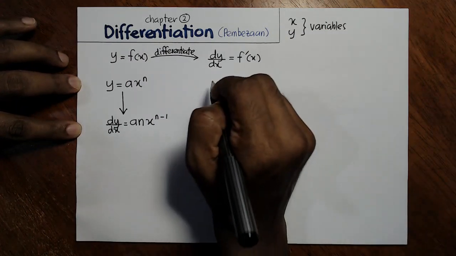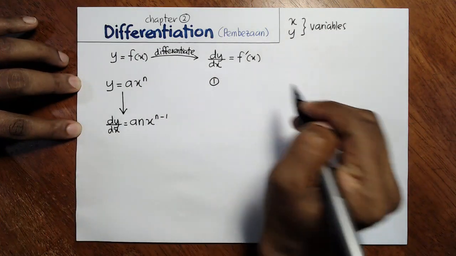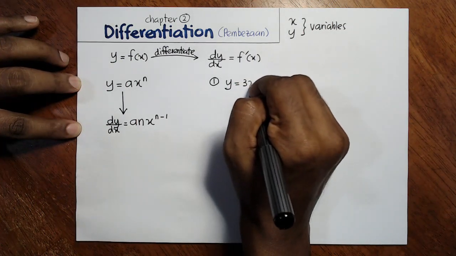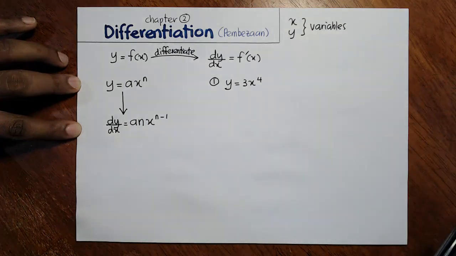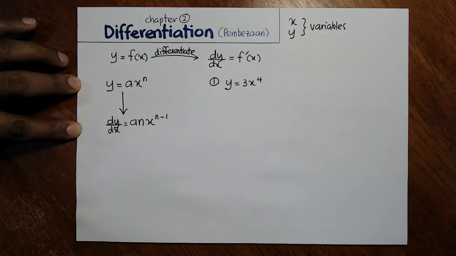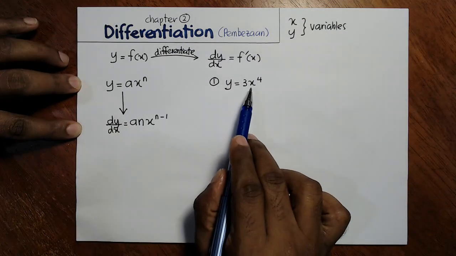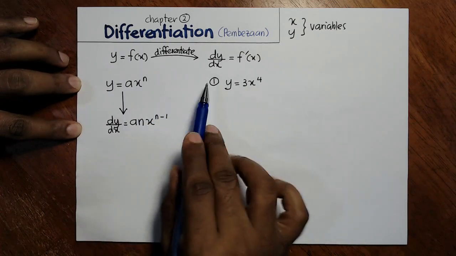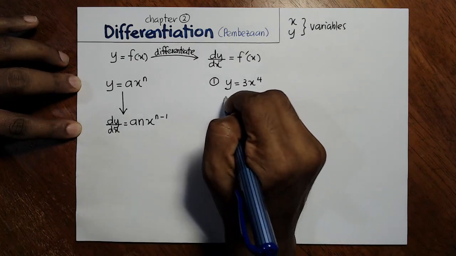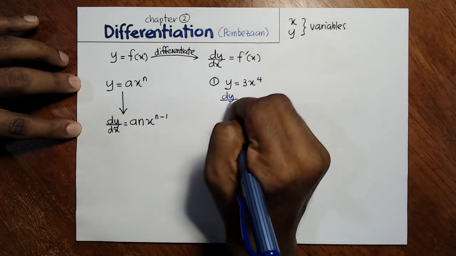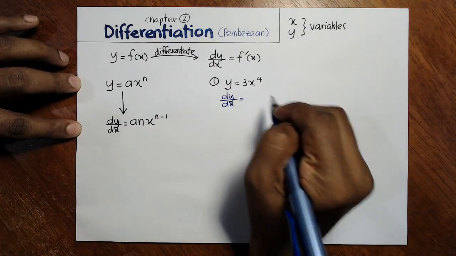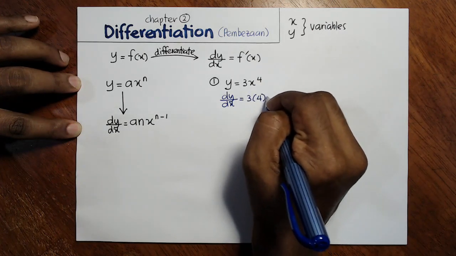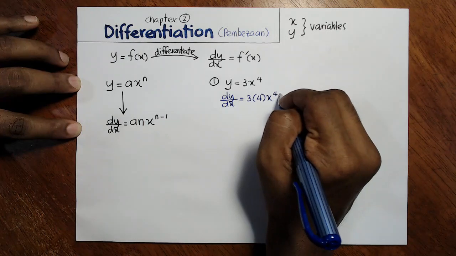For example, number 1, let's say y equals 3x to the power of 4. When you differentiate that, what happens? This is in a form where you can differentiate it already. This is like the easiest question. So dy dx will become 3, the 4 you bring in front, so 3 times 4, x to the power of 4 minus 1.